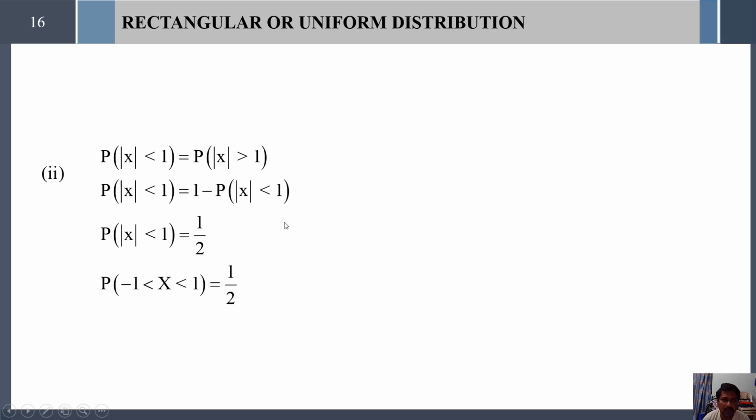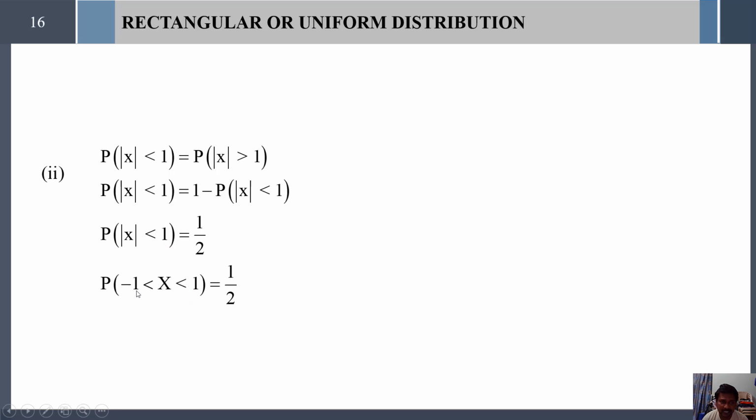You simply note only one step. If you take this minus probability of modulus x less than 1 to the left hand side, then 2 into probability of modulus x less than 1, and if you take the 2 to the right hand side, then probability of modulus x less than 1 equals 1 by 2. Now modulus x less than 1 means x lies between minus 1 and plus 1.